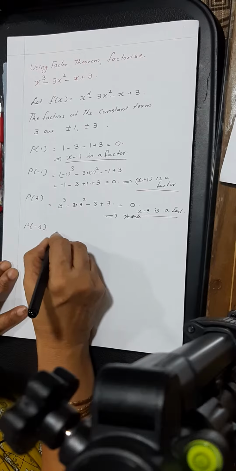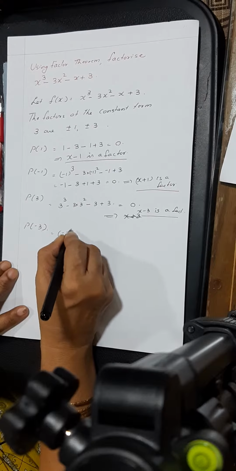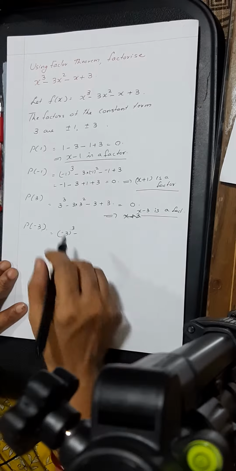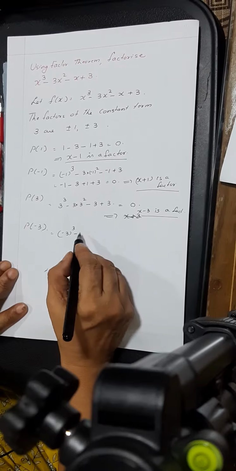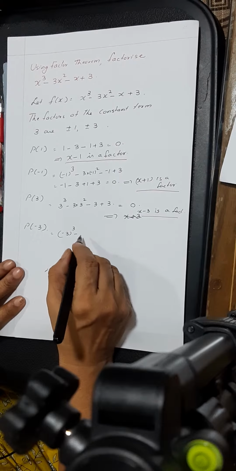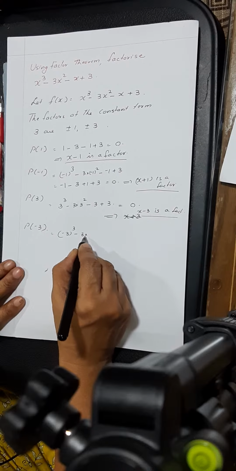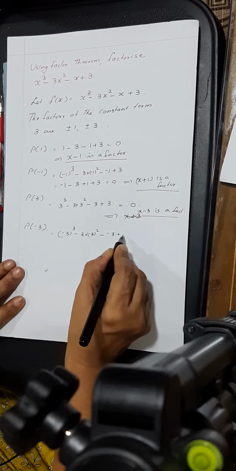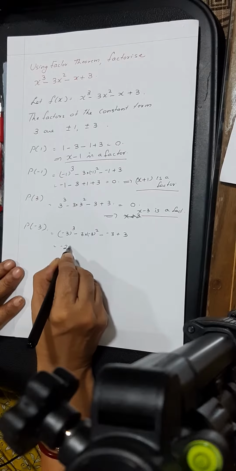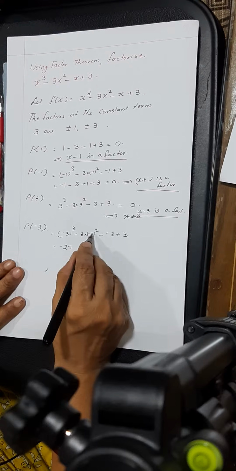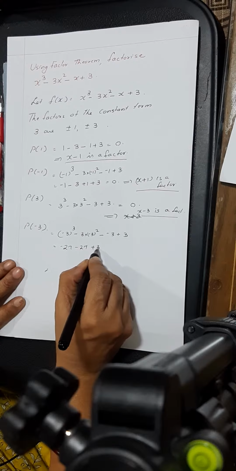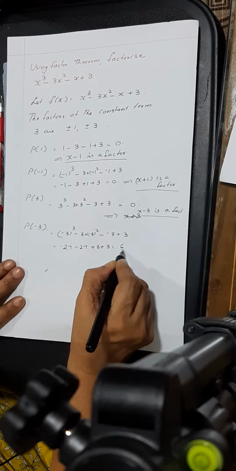Let us find p of minus 3. So minus 3 the whole cube minus 3 into minus 3 the whole squared minus minus 3 plus 3. Actually we got all the 3 factors, but let's try out minus 3 also so that you understand how it works. So this is minus 27, 9 into 3 minus 27, plus 3 plus 3, so you get 6.